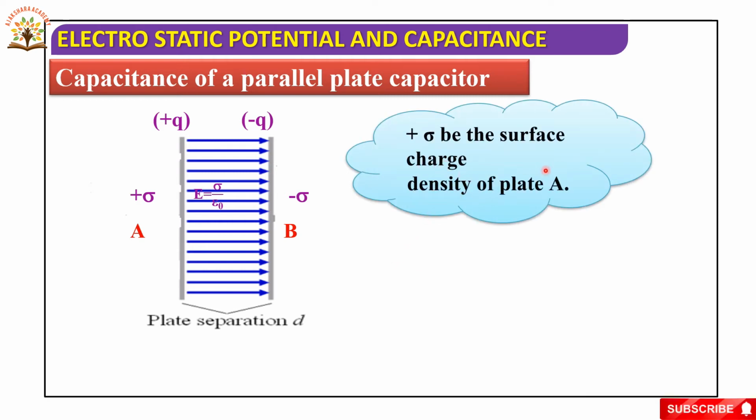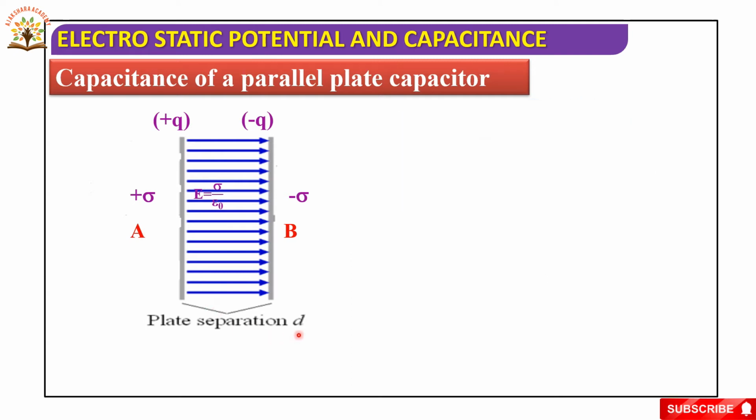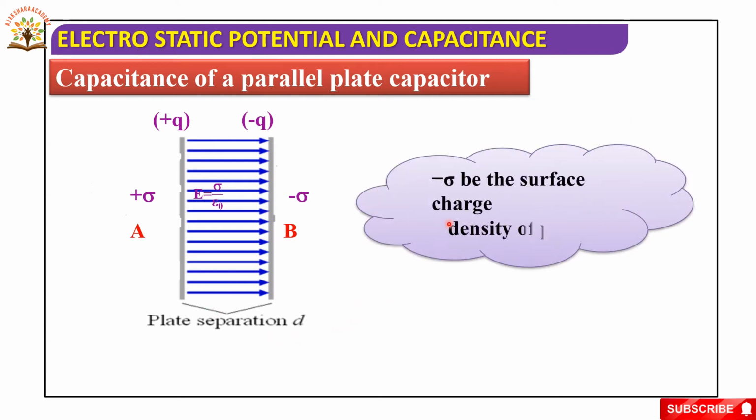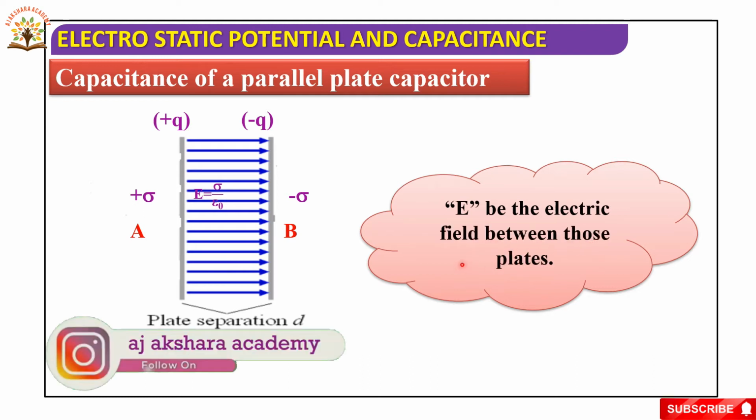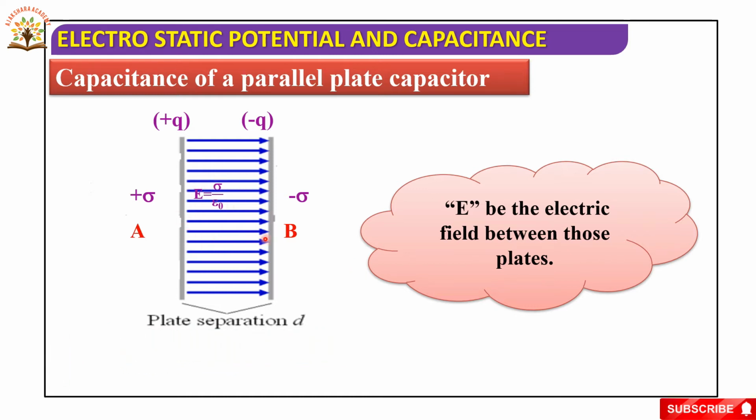Here plus sigma is the surface charge density of plate A, and minus sigma is the surface charge density of plate B. Now E is the electric field between those plates.